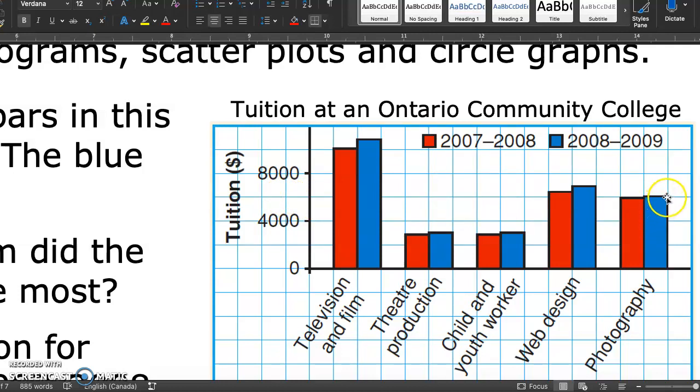So it's very tough to be exact, but we would say that the photography in 2008-2009, the blue bar is approximately 6,000, maybe 10. It's in the red at about 6,000.